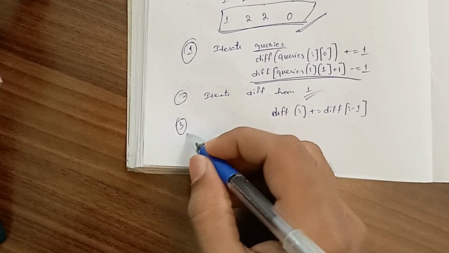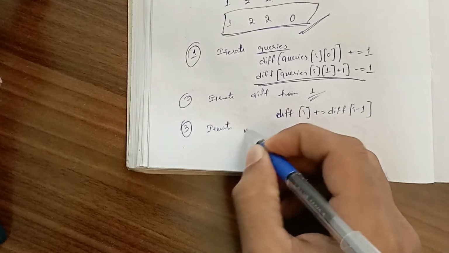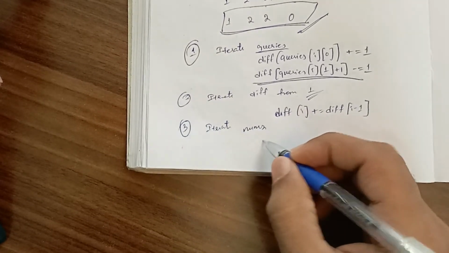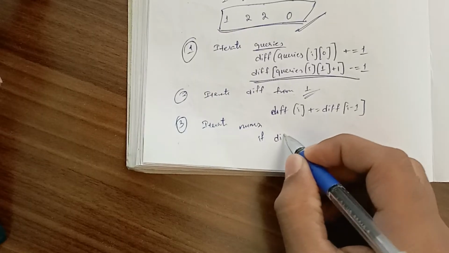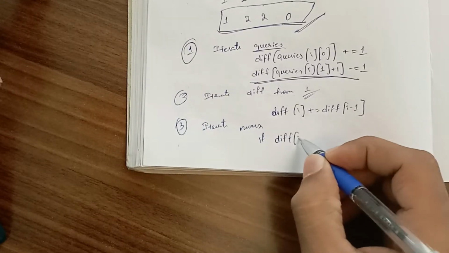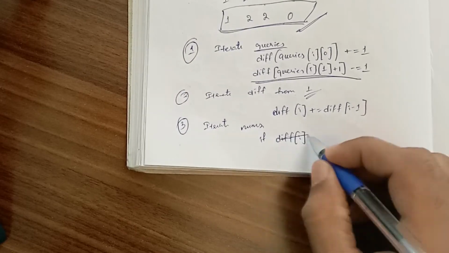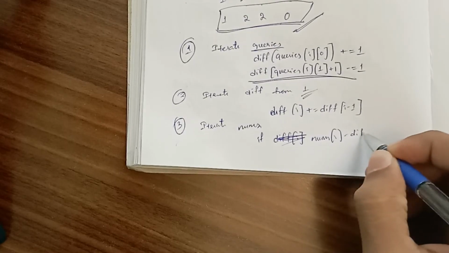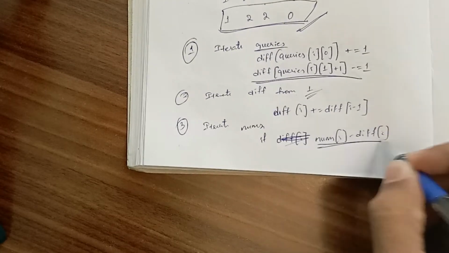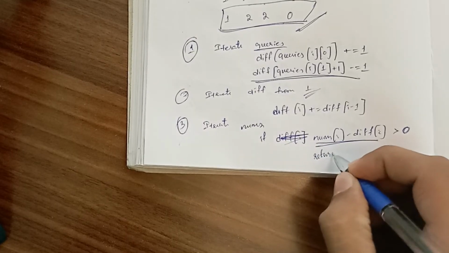Now the third thing we need to do is iterate nums. If nums of i minus difference of i is greater than 0, then we will be returning false.